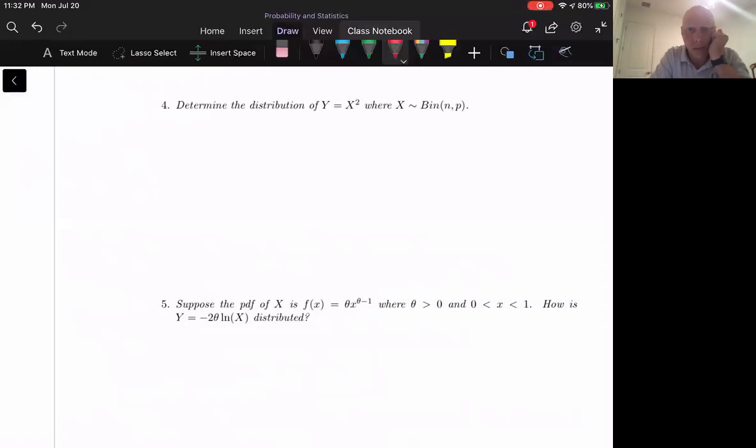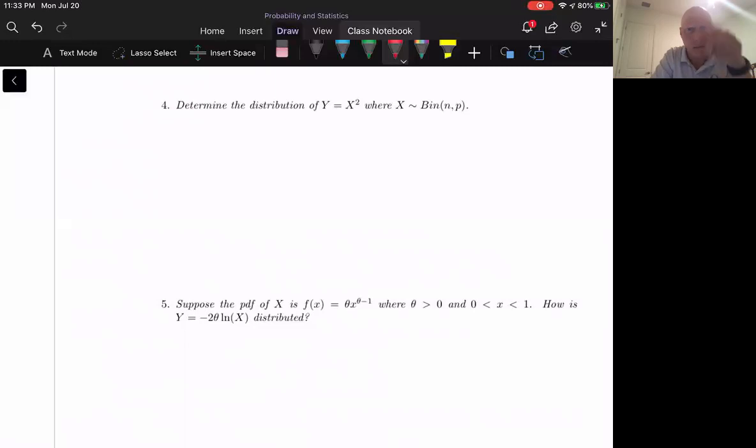Remember, my hint is that you really only need monotonicity over the interval or range that you're interested in. What is that range here? Is it 0 to n? Mm-hmm. Yeah, it's non-negative values.